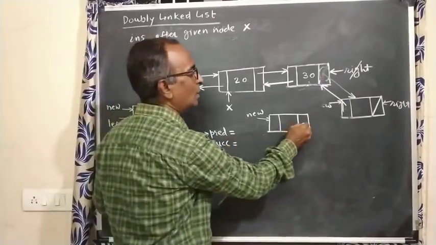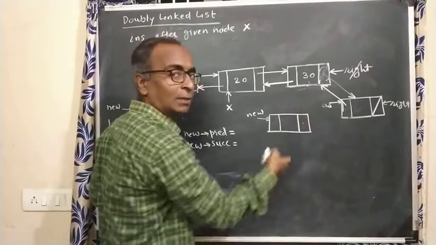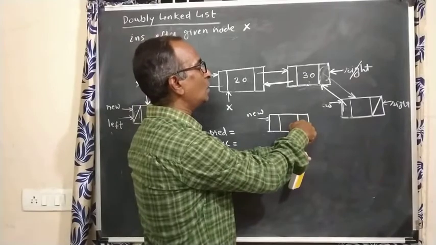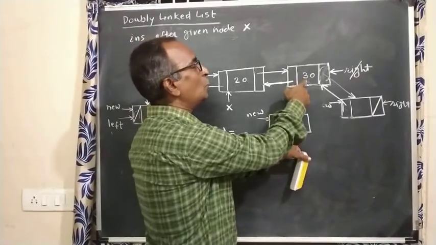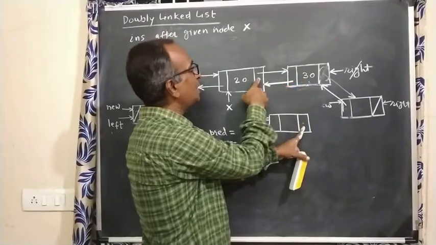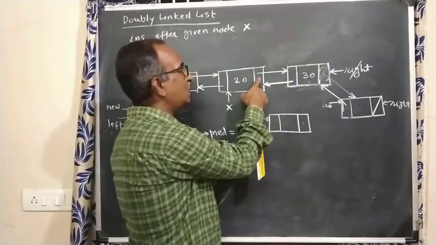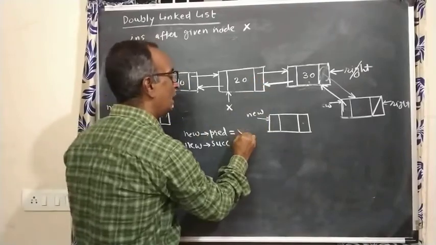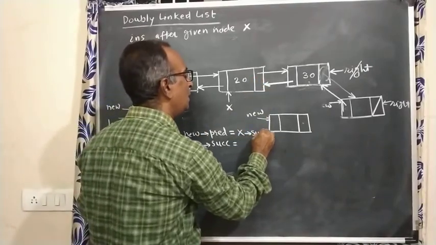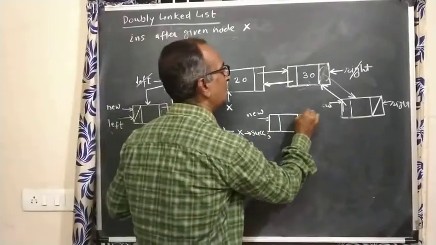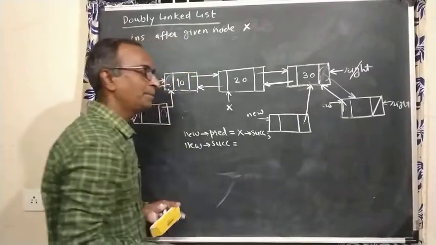New's successor should point to its successor. Now after insertion of this node, which will be the successor node for this new node? This node will be the successor. Where is this node's address? This node's address is in this field. How to access this field? X's successor field. So X's successor field you are giving. That's it. So X's successor is given, meaning this is pointing here.